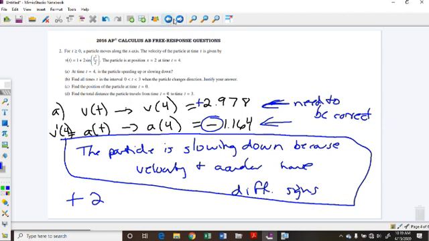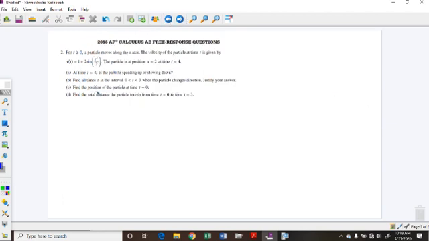Part B. Find all times t in the interval when the particle changes direction. Justify your answer. Well, it's going to change direction when v of t equals 0. Once again, you can use your graphing calculator. You can find where this thing crosses the x-axis. Make sure you're in radian mode since it's a sine function.